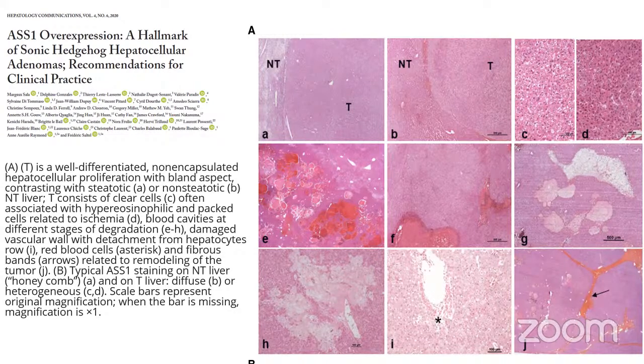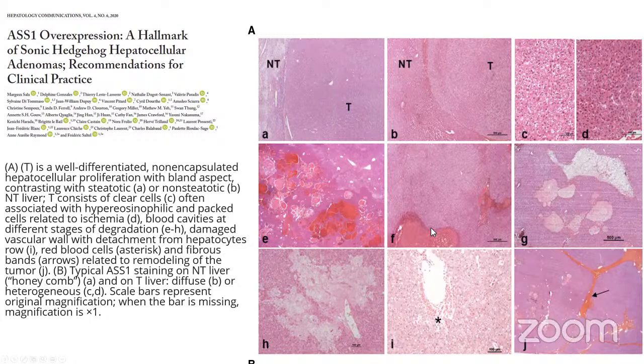Because I did not have a good example of the immunostain, and here you can see that it can happen in both. This is the non-tumor liver, and you can see the background is steatotic as opposed to non-steatotic. Because of the ischemia, the cells are hypereosinophilic and packed, and there are areas which would have these blood cavities at different stages, which is what we mean by histological evidence of hemorrhage.